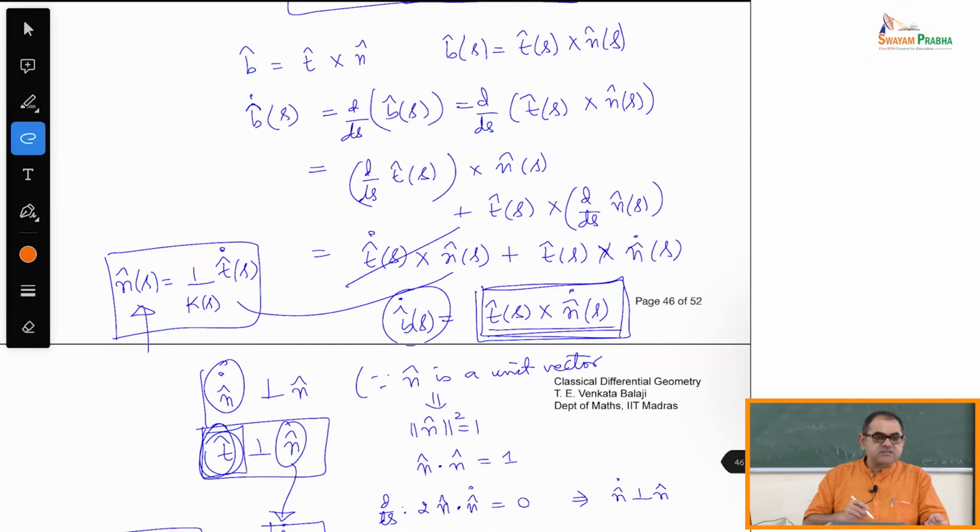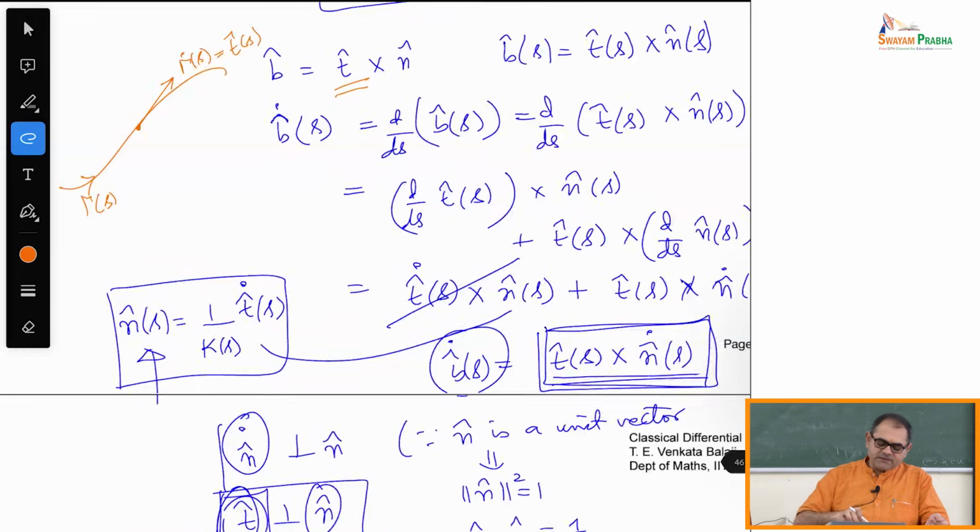To understand why this is a mess, we have to first look at what we last saw. If you take the curve, you have the so-called tangent direction, the unit tangent. You are on a curve given by gamma of s, and at every point you have the tangent vector, gamma dot of s, which is written as t cap of s.